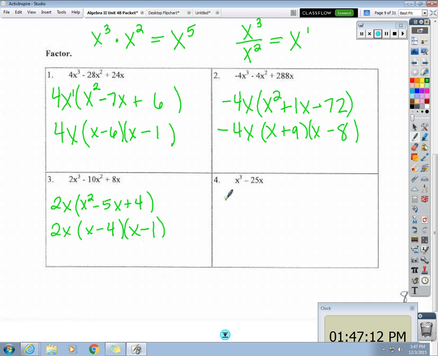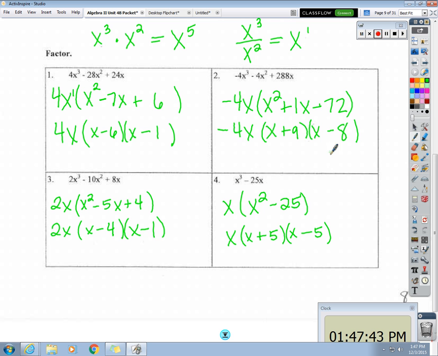Okay, what's the GCF for number 4? x. What does that leave inside parentheses? Okay, what is that called? Difference of two squares. And what makes factoring those easy? They're the same exact thing except for their signs. So x, and what numbers would make 25? Right.